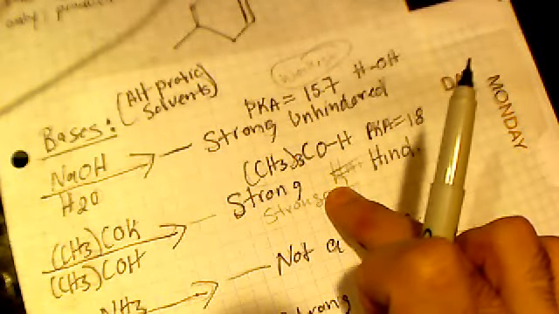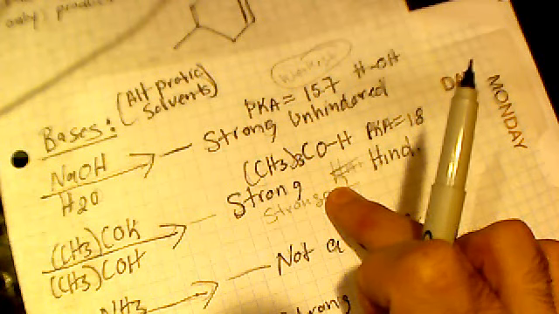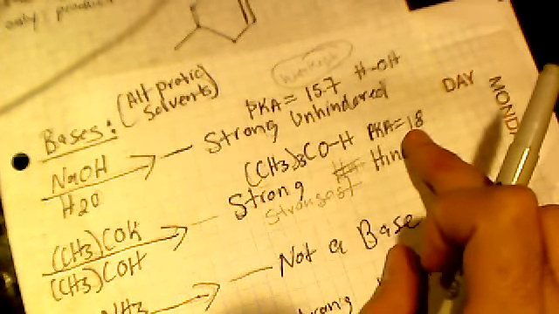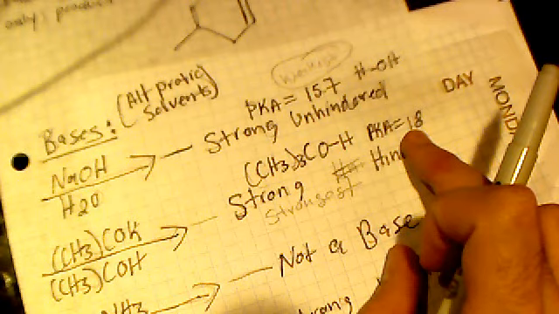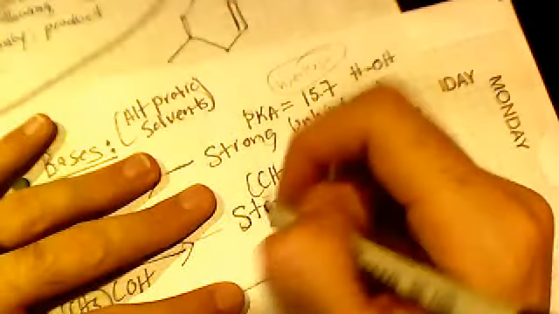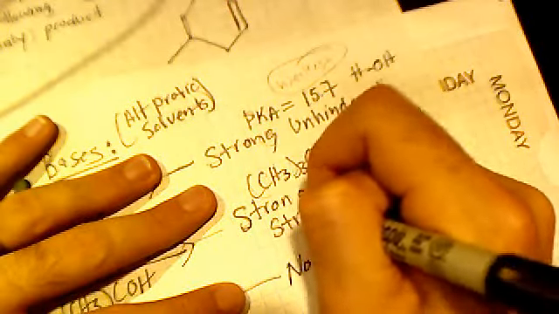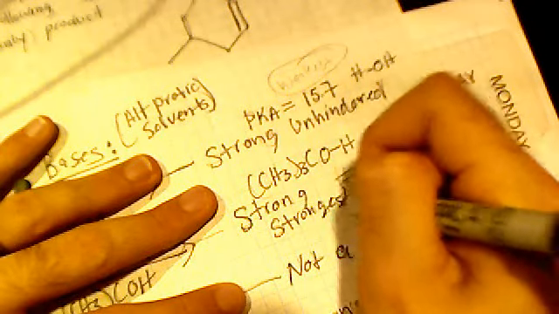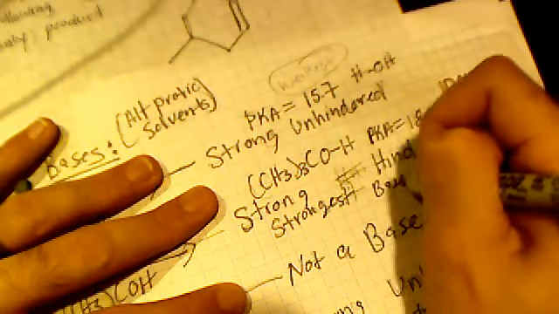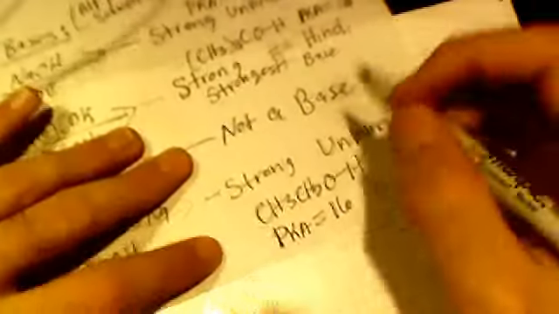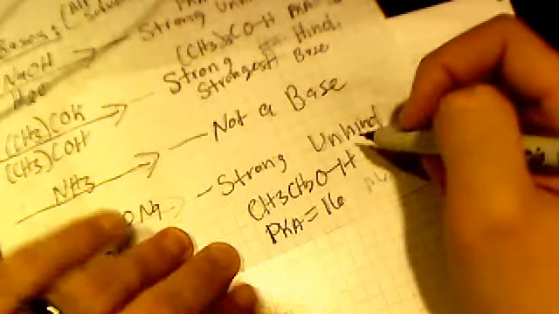Potassium terbutoxide has a pKa of 18. Since it has a higher pKa, it means that it's a stronger base, right? It's the strongest base.